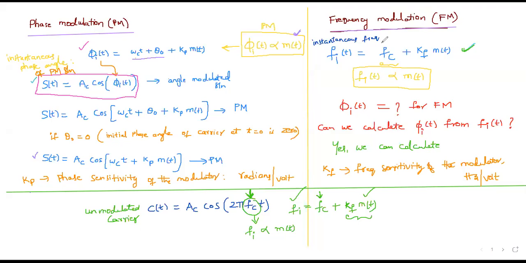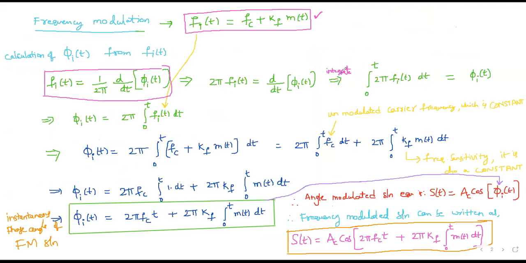But for a frequency modulation, we have defined only fi of t, but not phi i of t. So how to generate phi i of t from fi of t is by using this small derivation. Once I do that, I get phi i of t. This phi i of t I substitute in the general template for an angle modulated signal, such that I get this particular s of t.